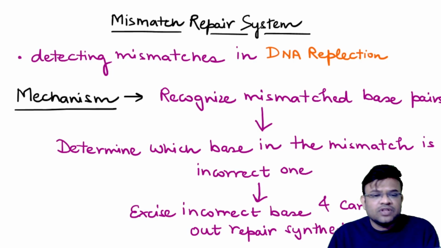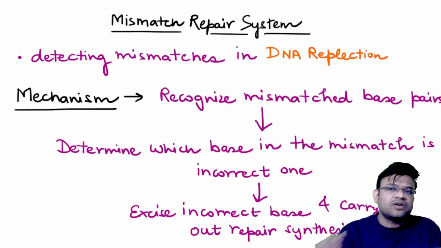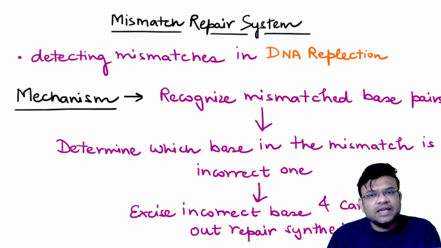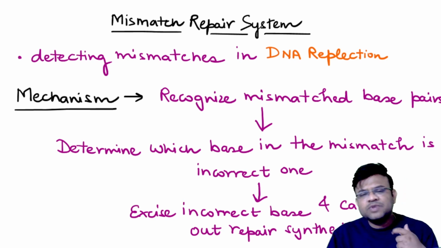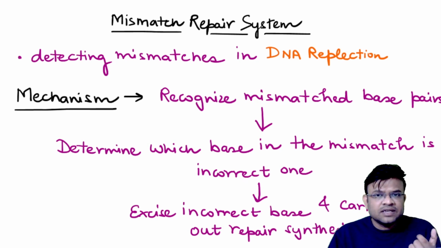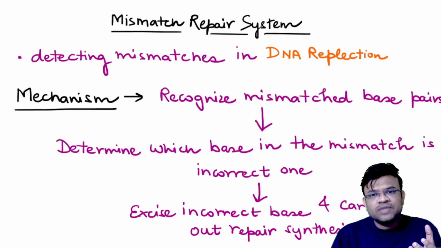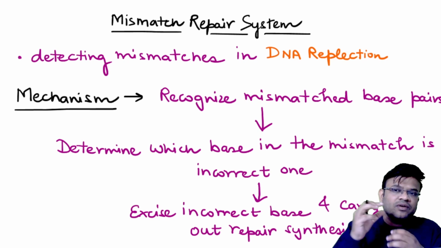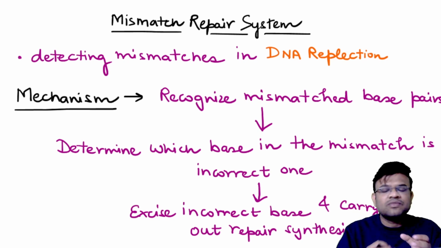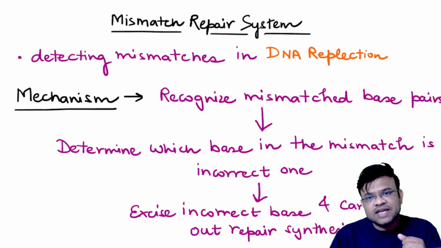Now coming to the first slide, mismatch repair system. What is the purpose of mismatch repair system? As I have previously explained, all the repair systems have an important role to play in repairing the DNA, but the difference between them is what kind of repair they are catering to, and the time frame, or when a particular DNA repair system gets activated.